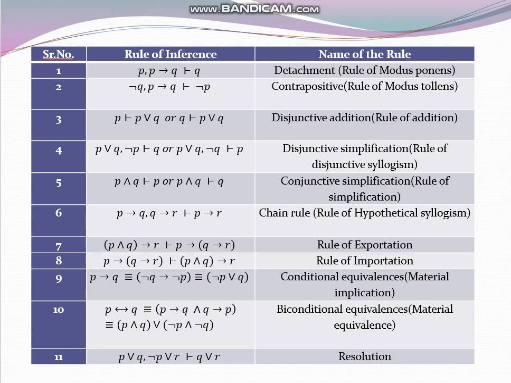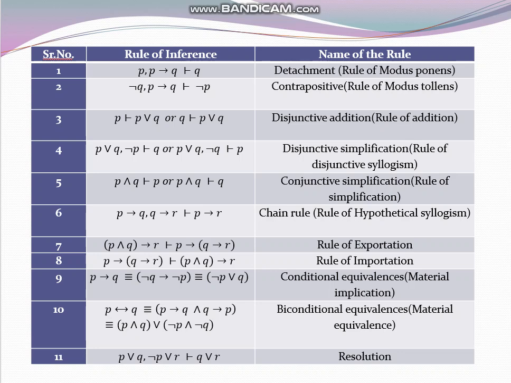It states negation Q, P implies Q yields negation P. This is the argument which says that negation Q and P implying Q will give rise to negation P. Here P implying Q is equivalent to saying negation Q implies negation P. Since we have seen that this implication sentence is equivalent to the contrapositive negation Q implies negation P, therefore we have negation P as the conclusion.